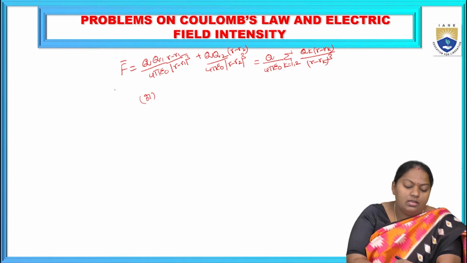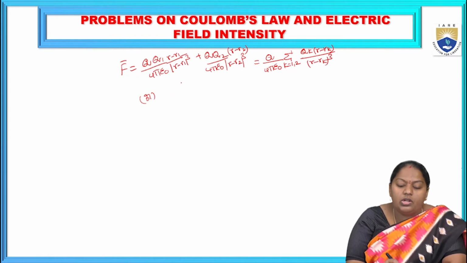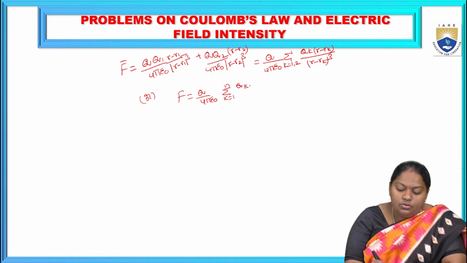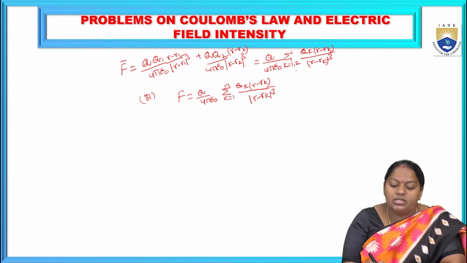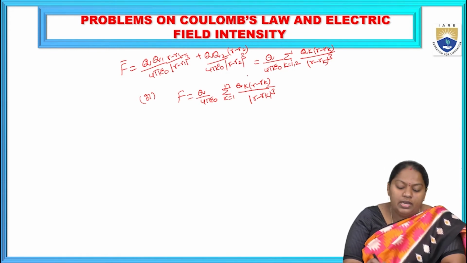So in general, according to Coulomb's law, F is equal to Q by 4 pi epsilon naught, sigma K equal to 1 to n, Qk into (R minus Rk) by modulus of (R minus Rk) whole cube. Here we have 2 charges, so K ranges from 1 to 2. This is the general equation.